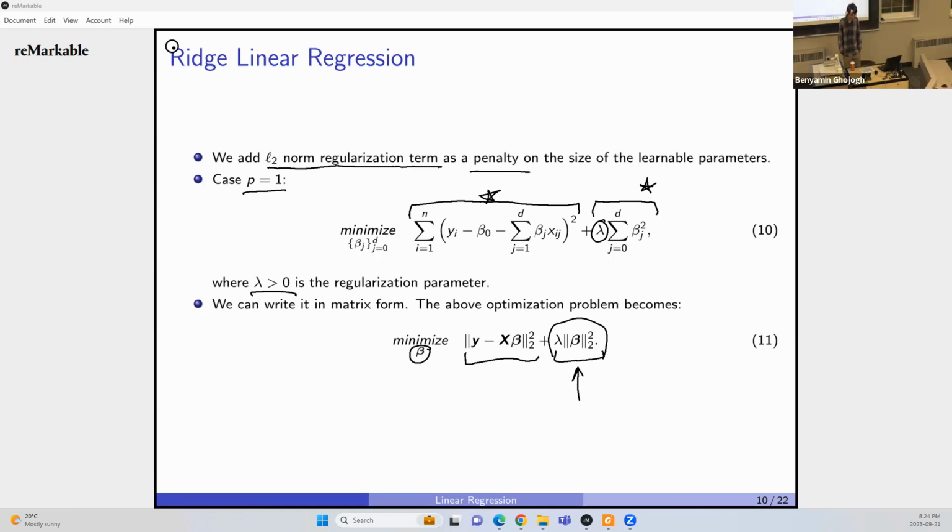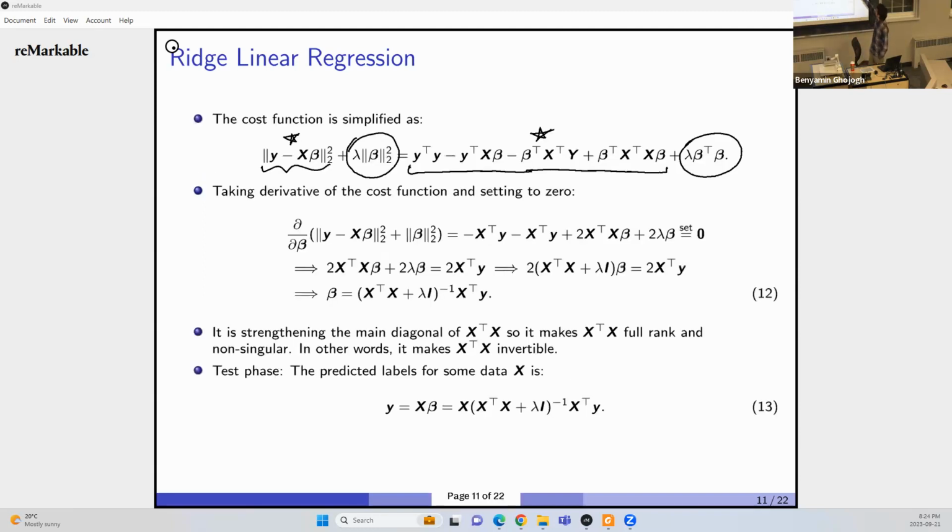Okay. So here we are regularizing by squared L2 norm, and we simplified it, and we ended up with this, right? Now what should we do? Take the derivative with respect to the optimization variables, right? Let's do that. Until here, we did it exactly as in linear regression, right?